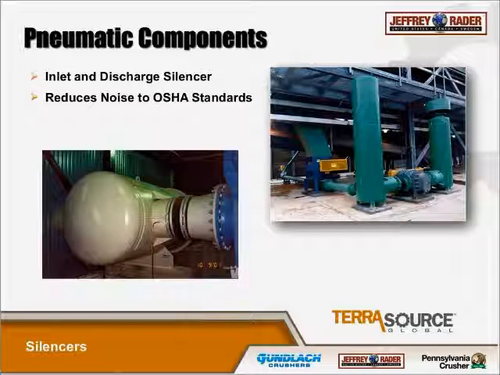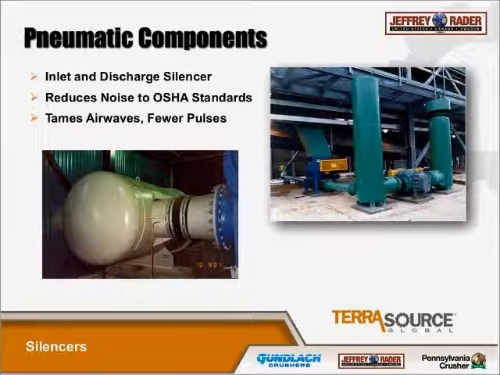The other important part about a discharge silencer especially is that it's able to tame the airwaves. With large blowers, it's more of a pulsing action coming out of there, and so that discharge silencer will collect that and allow for a nice smooth discharge of the air and prevents pulsing in the system. You want to have a nice smooth, or as smooth as possible, volume of air going through to convey that material.